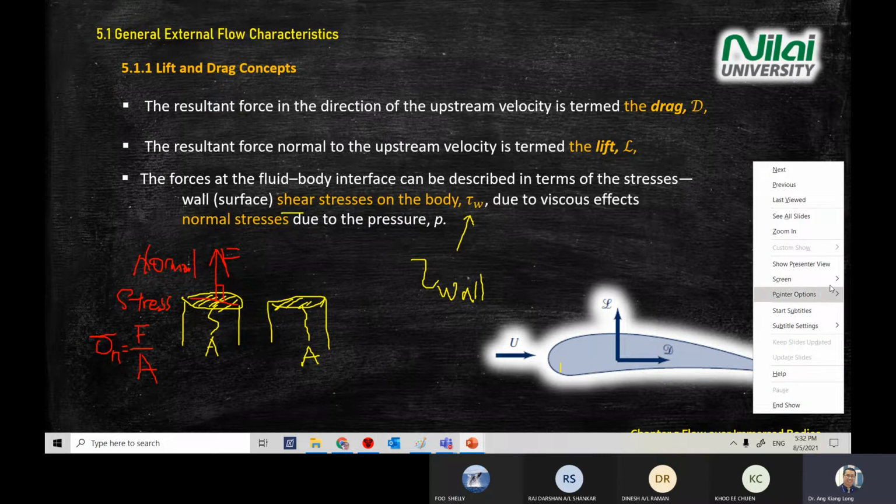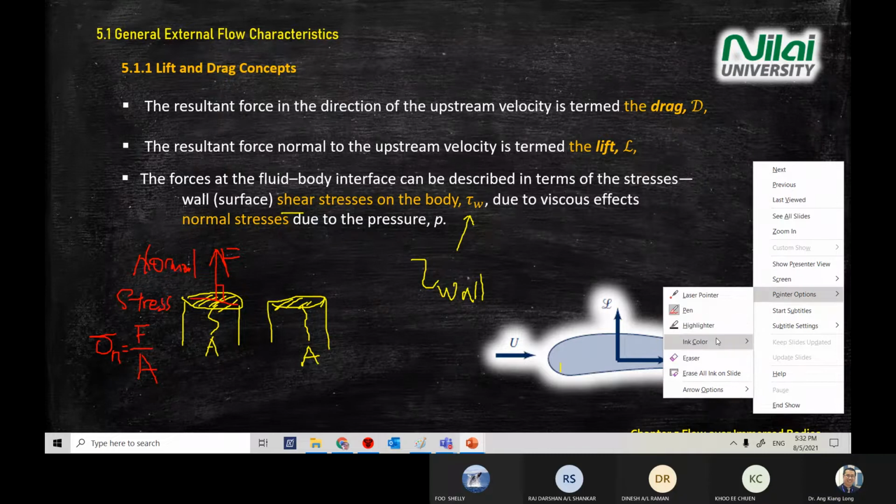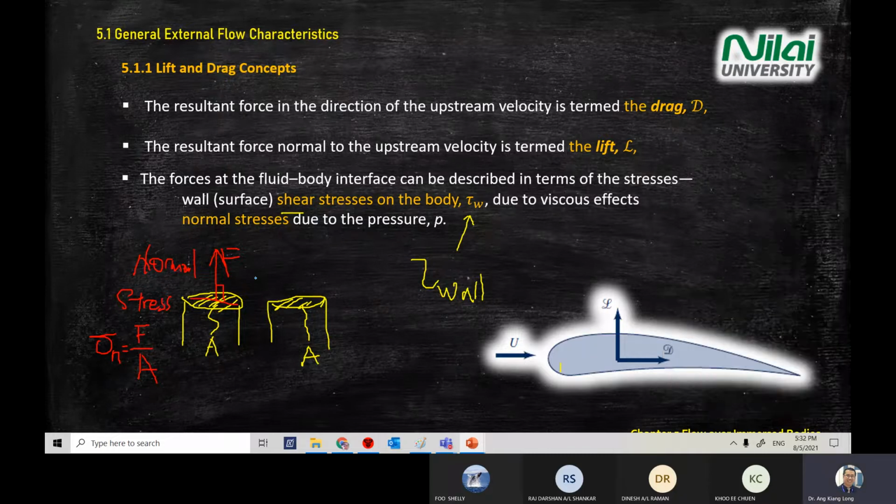I'm going to change color. What do we mean by shear stress, or the word shear? I'm going to use blue color. Let's say you have the same magnitude of force. However, now the force is parallel to the area. Then the product in this case, we call it shear stress.